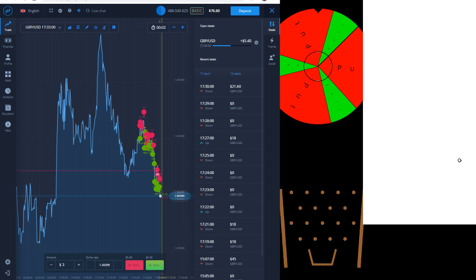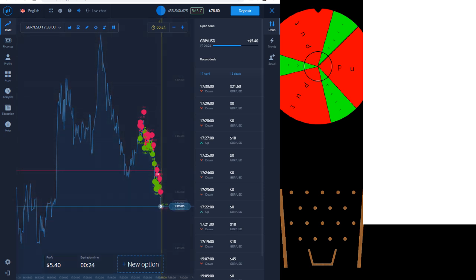And let's see, if I'm doing $3 trades, my account balance should be 126. Is it? Yes. Okay, should be 126. So I have to do $3 trades, even 2.